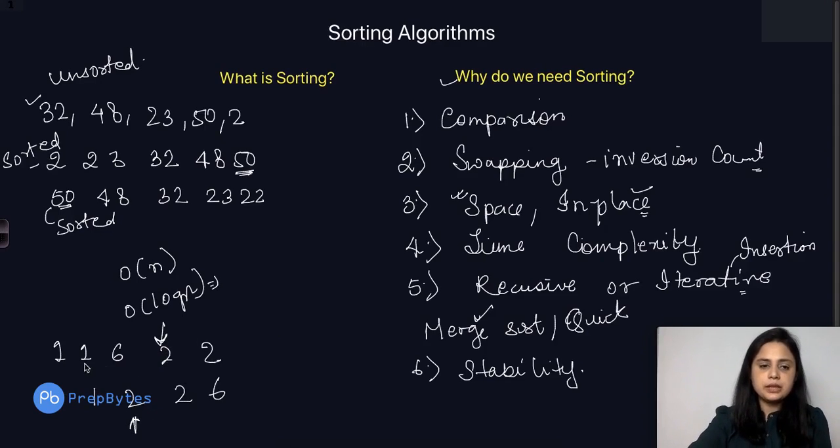Basically, the sequence of elements is preserved, and this generally concerns equal numbers. In some algorithms we don't take care of the sequence of these numbers, but in algorithms like counting sort, if 2 appears first in the original array, then it will appear first in the sorted array as well.